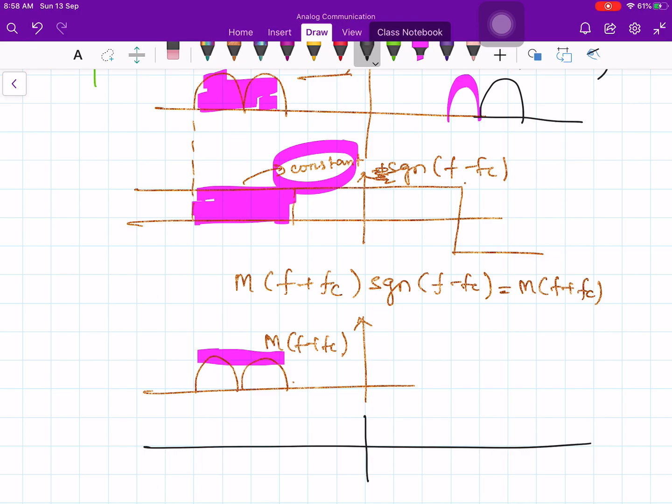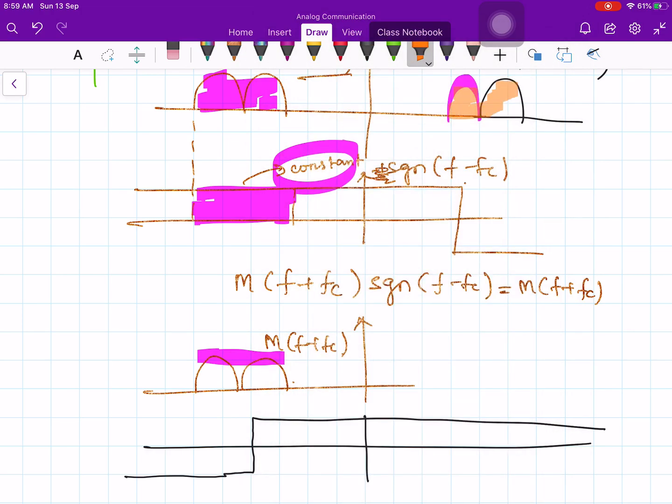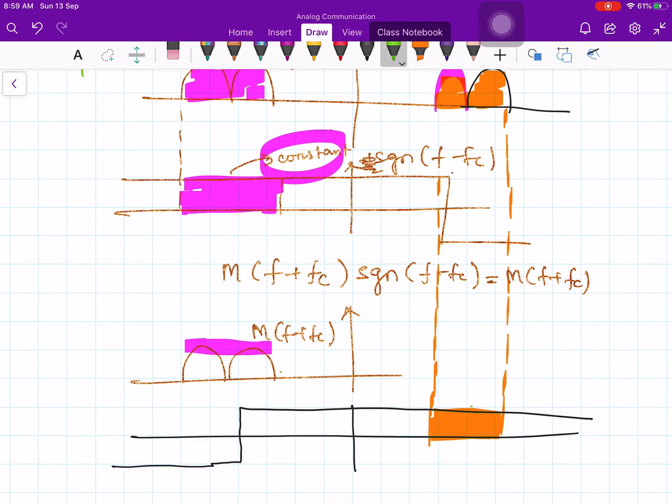Signum of f plus fc will be like this. So this area you are multiplying with this area. In this area it is constant.